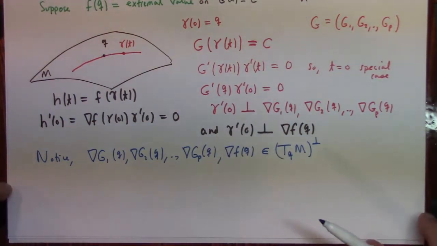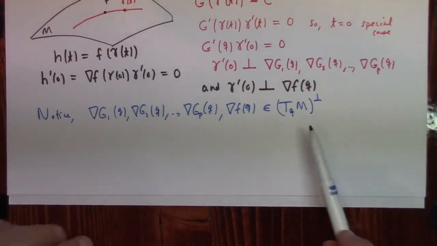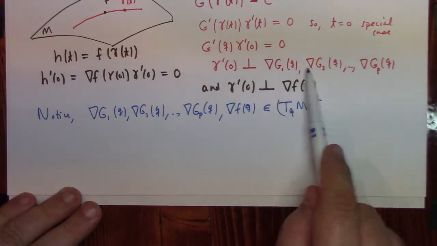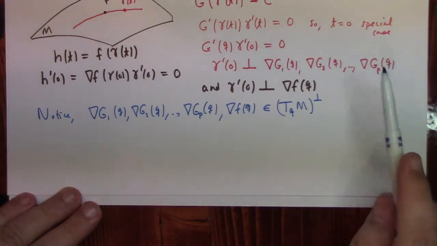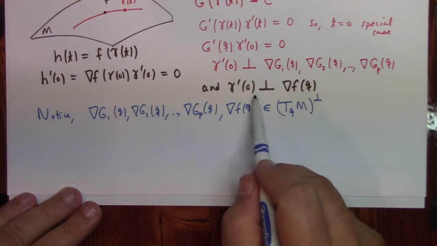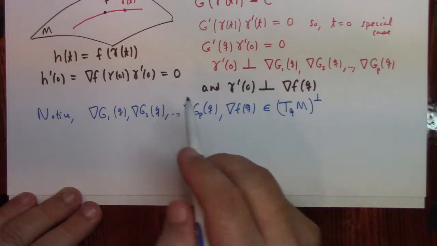But on the other hand, we also had that theorem. What's the basis of the perp to the tangent space? Well, it's these guys, by definition. So using the fact that these form a basis, we can write the gradient of f as a linear combination of those.